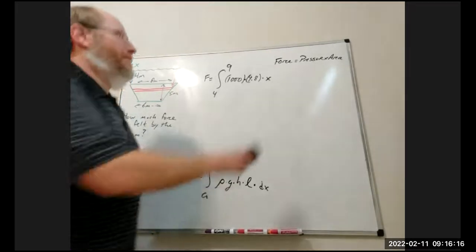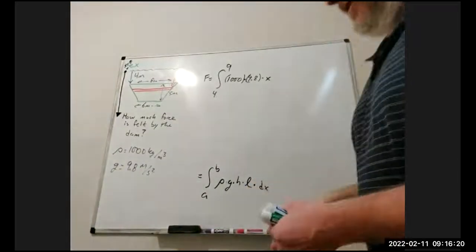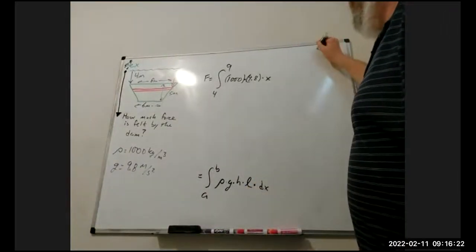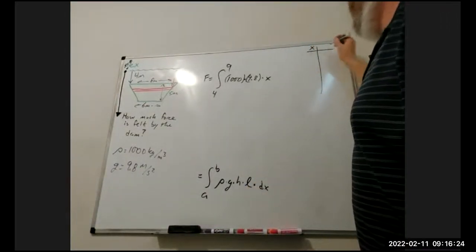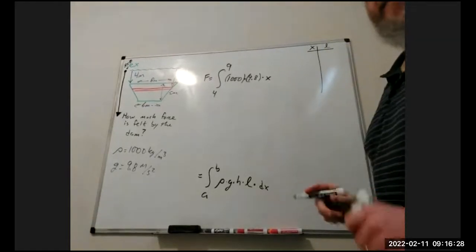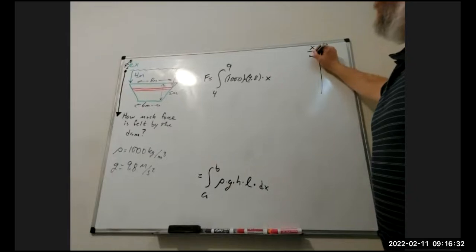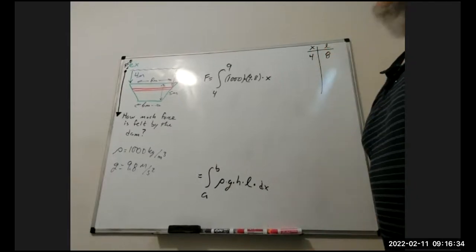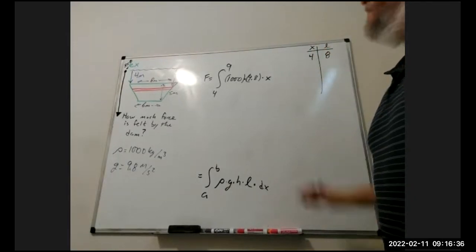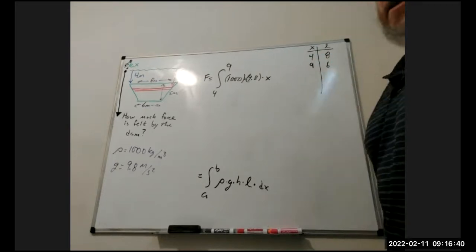We're basically just going to make a linear function. Think about it this way. Here we're going to have X and we're going to have L. So we're going to have our depth and we're going to have our width. So at a depth of 4, we had a width of 8. At a depth of 9, we had a width of 6.